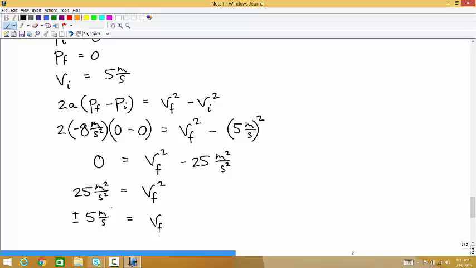The negative, because it's going down the ramp now. So the final velocity when it gets back to A is going to be 5 meters per second going down the ramp. So the speed is the same, which, it must have taken me all day to come up with a problem that worked out like that.